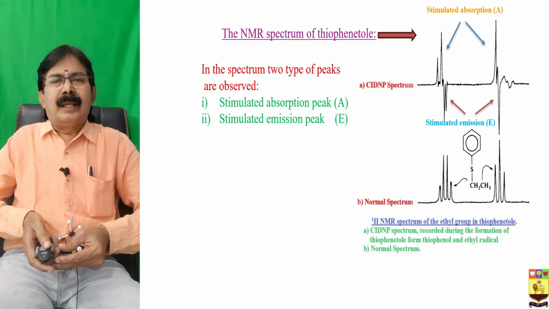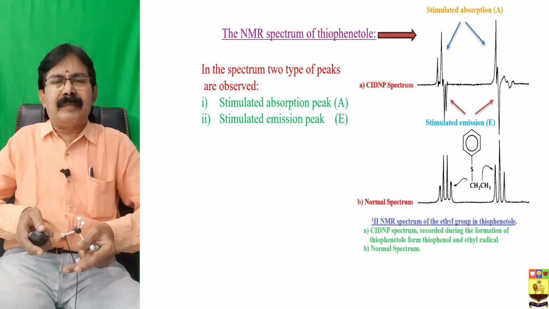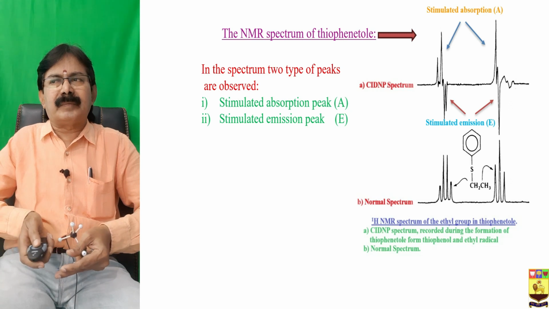But if we go for the CIDNP technique, we have already noticed that the free radical is formed. We have two types of peaks.